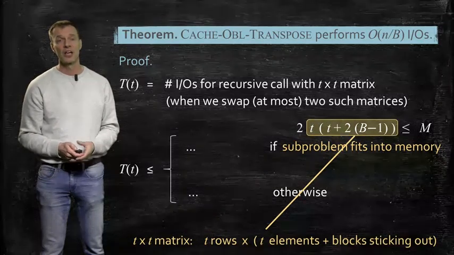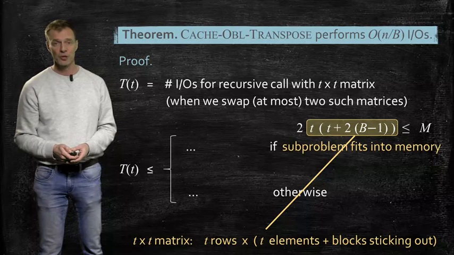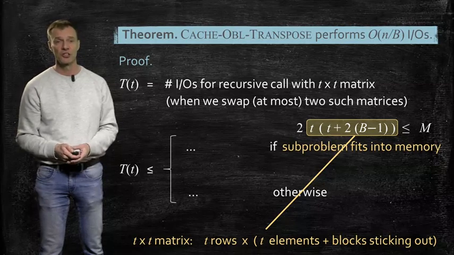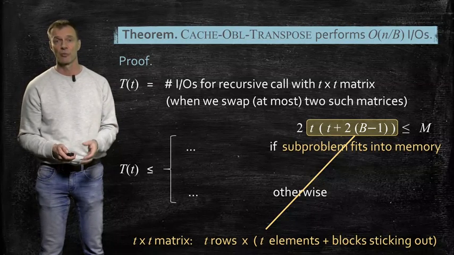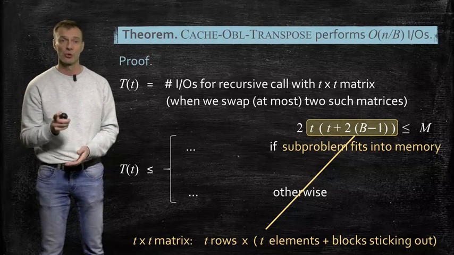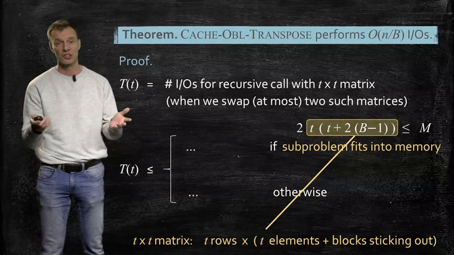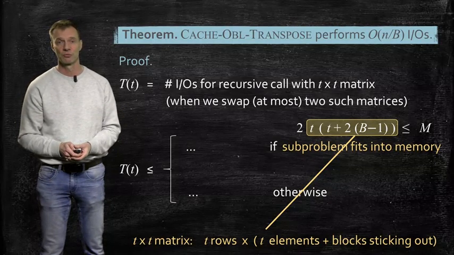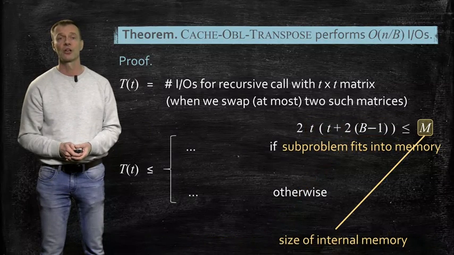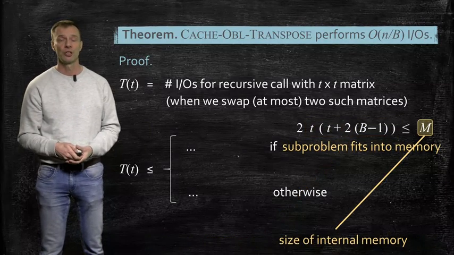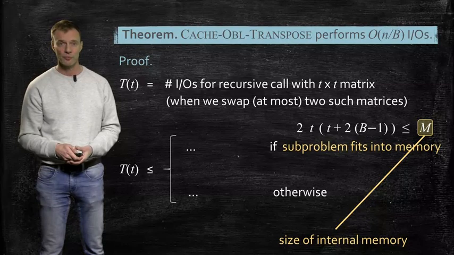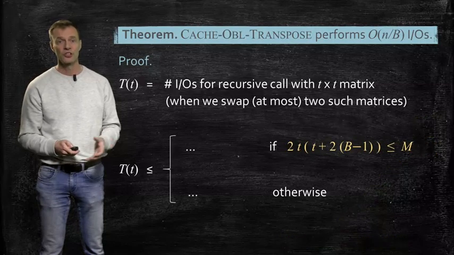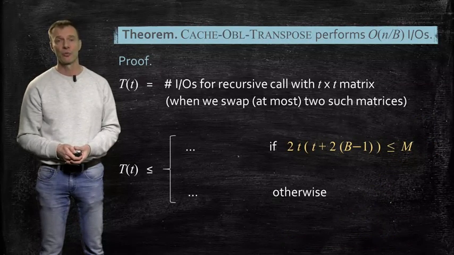And then the size of one of these submatrices, if it has size T by T, is T, number of rows, times per row you have T plus maybe these blocks sticking out. And this together should fit into the internal memory. So this is the base case, the condition for the base case.